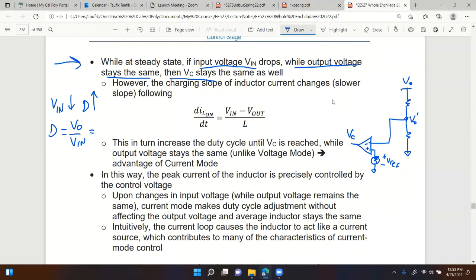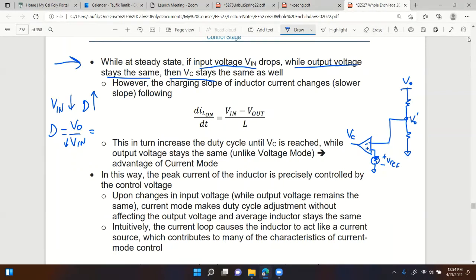So if V in drops, then of course we want duty cycle to increase. So will this controller do it right away? The answer is yes, because this change in the charging slope means it will take more time to reach VC.